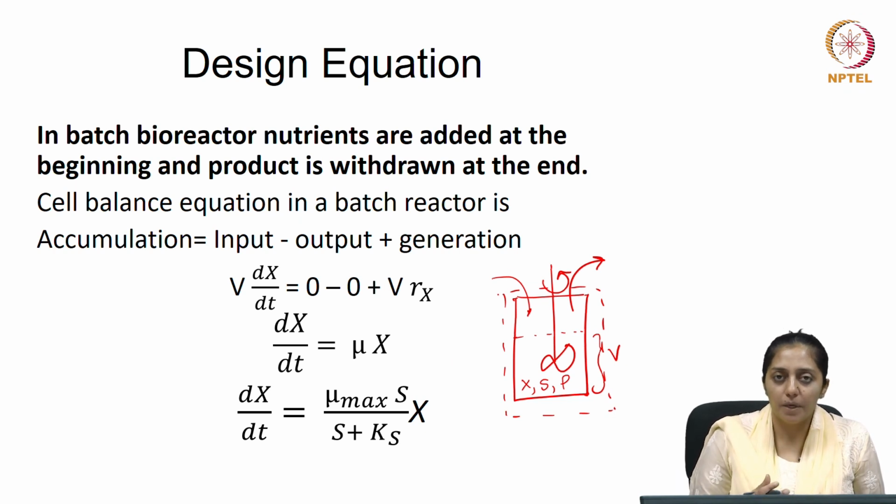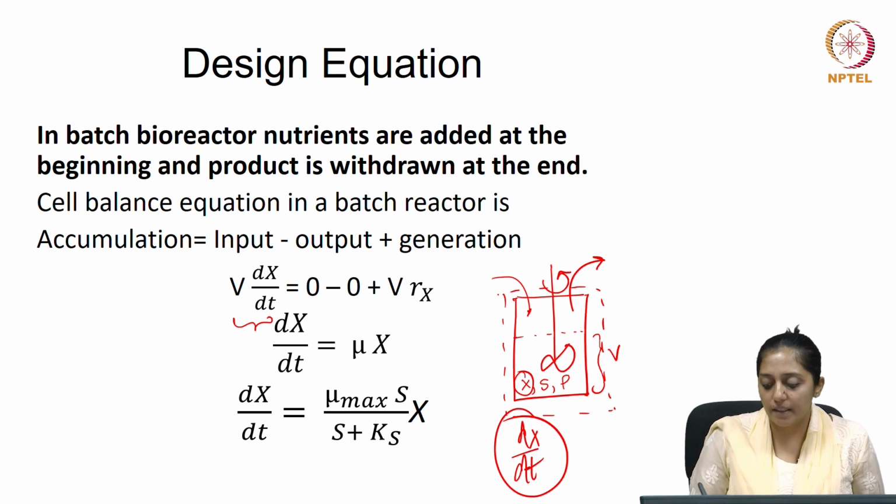In terms of biomass, when we are doing a cell mass balance, we know that there is no consumption of biomass taking place inside the reactor. So, your LHS stands for the biomass concentration in the broth at any given time. So, dx by dt will stand for the rate at which the biomass is getting accumulated inside this reactor.